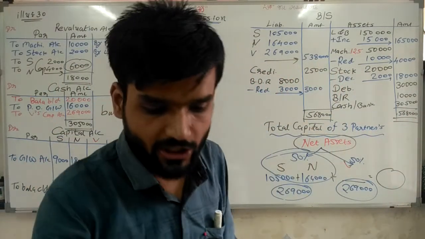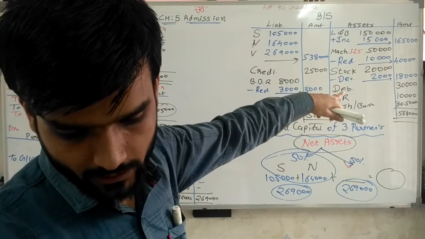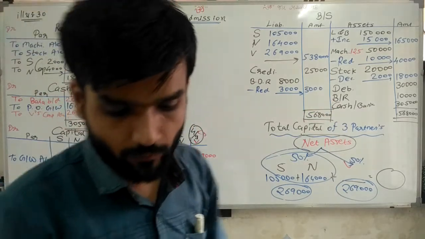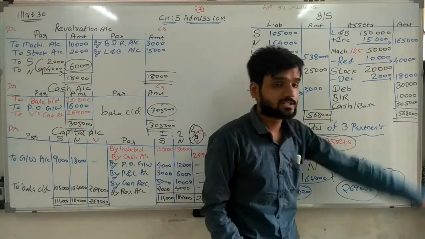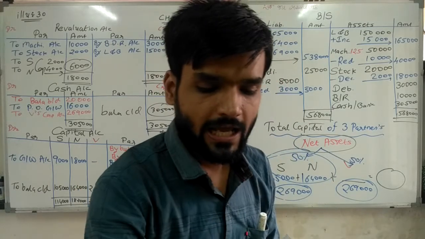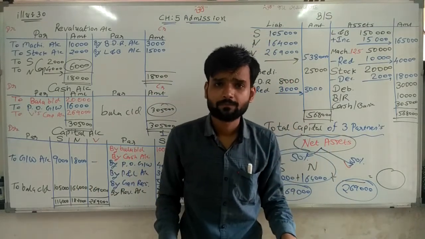Both sides should be equal. So 165,000, 40,000, 18,000, 30,000, 10,000 and 305,000. Total becomes 568,000. In this way our sum is completed, and with this sum, the chapter is also completed.